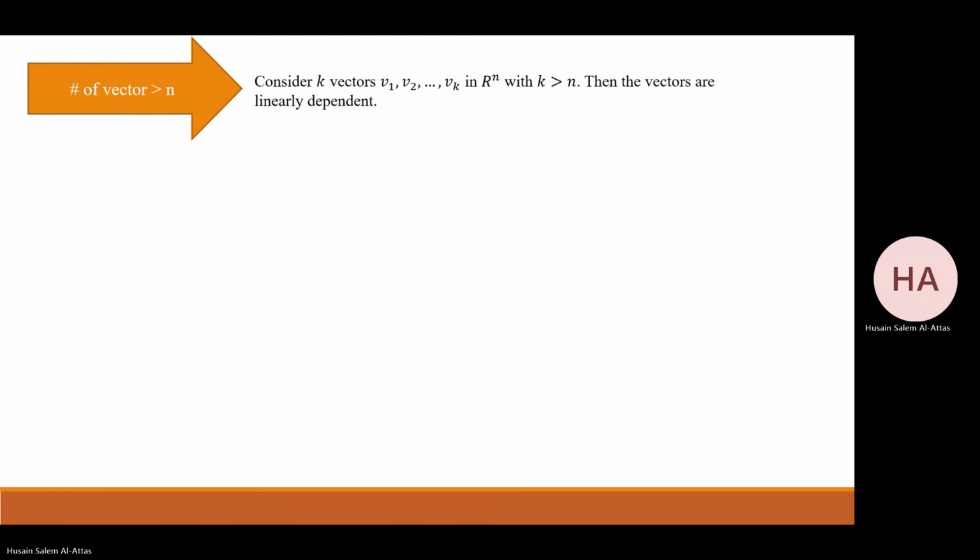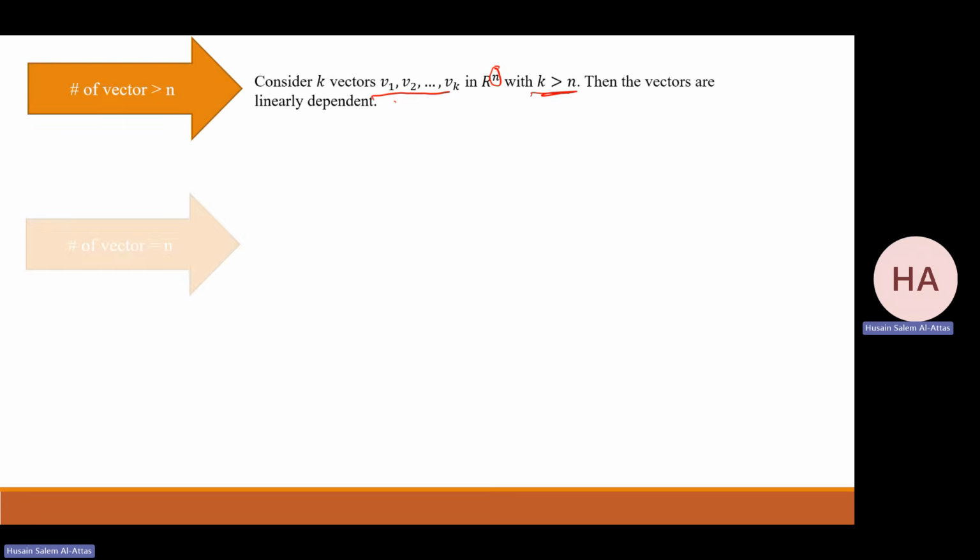Actually, we have this conclusion. If I have k vectors in Rn, with k greater than n, then the vectors are linearly dependent. If the number of vectors is more than the n in Rn, which we will later call the dimension, then these vectors are linearly dependent.